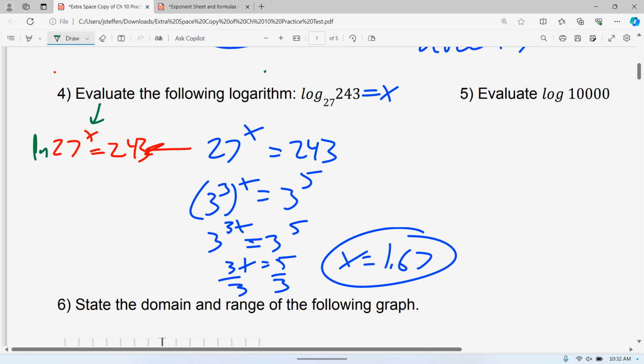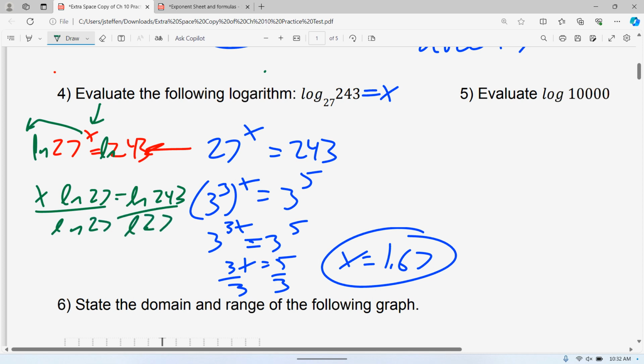So that x goes in front, so that's x times the natural log of 27 is equal to the natural log of 243. And from here, just divide both sides by the natural log of 27. So your x is equal to, if you put that in your calculator, natural log of 243 divided by the natural log of 27, you get the answer.